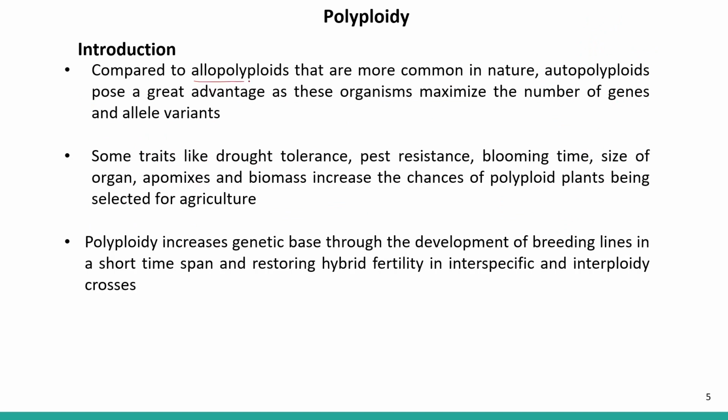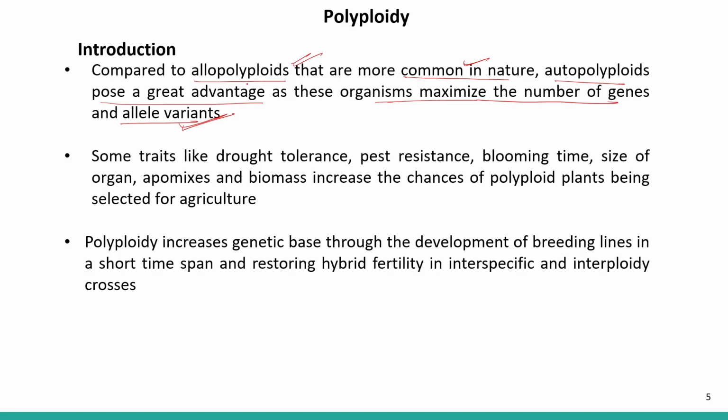Compared to the allopolyploids that are more common in nature, autopolyploids pose a great advantage as these organisms maximize the number of genes and allele variants. So allopolyploids are more common in nature, and autopolyploids are less common.